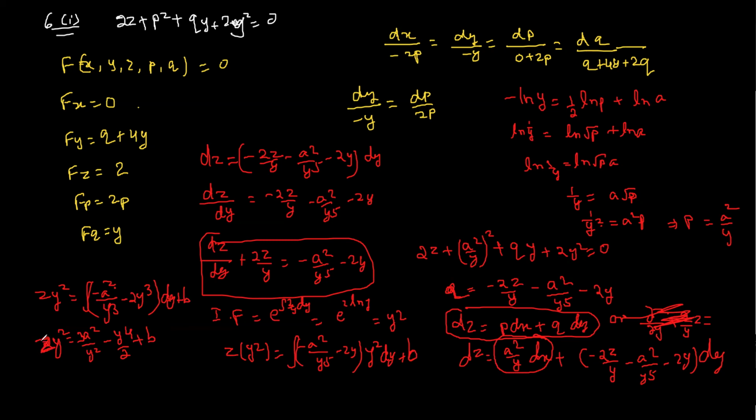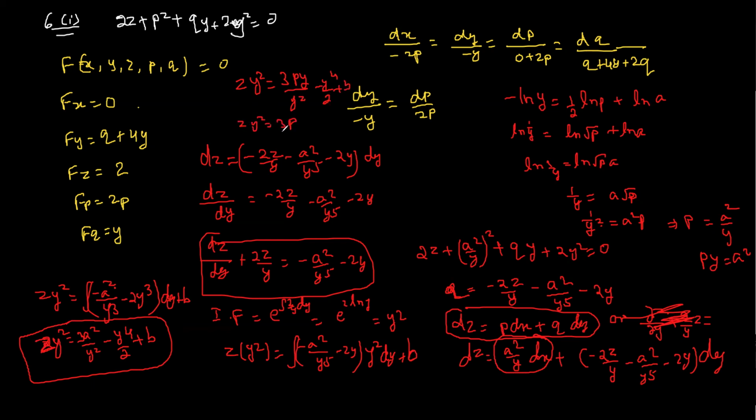So from here you get z. After finding z, what is the value of a? Put the value of a square. What is a square? py. So put here py. This is your final answer. zy square equals minus 3p upon y minus y4 by 2 plus b. Okay, this is your answer.